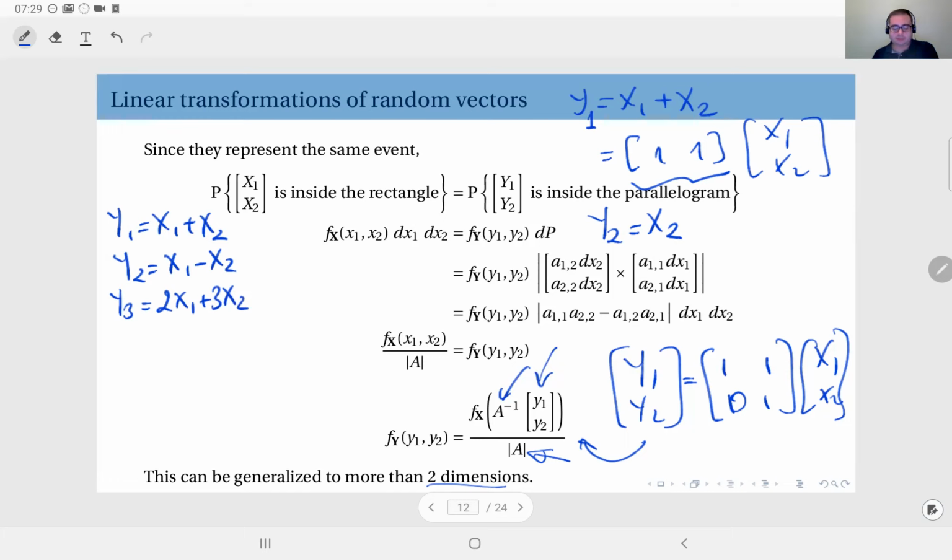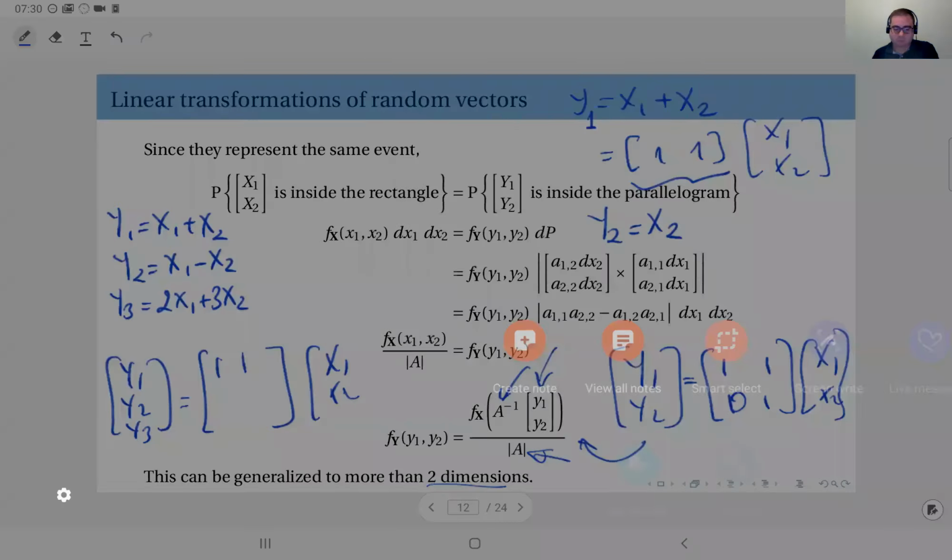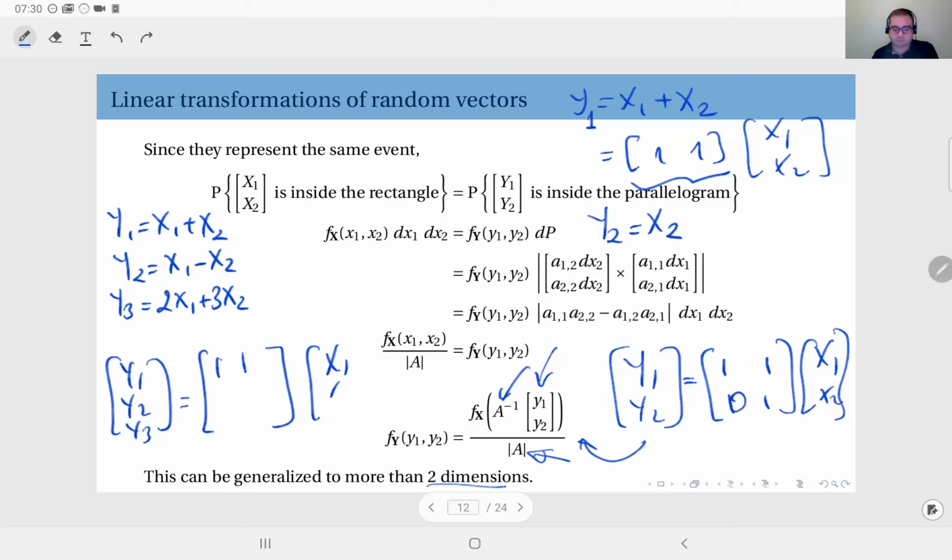Okay, so in this case, obviously, [y1, y2, y3] equals a matrix times [x1, x2], where for y1 you have 1, 1, and for y2 you have 1 and minus 1, and for y3 you have 2, 3, right?